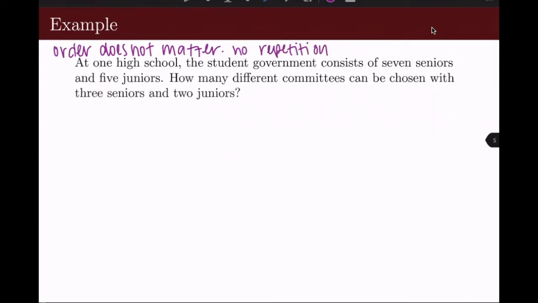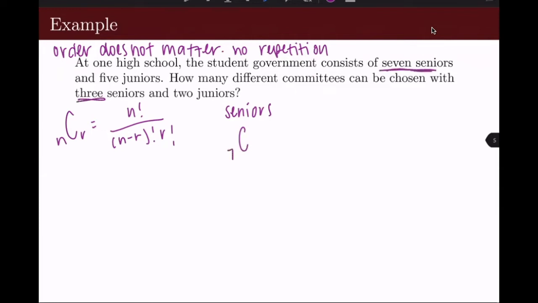So it's a combinations problem, and we will be using the combinations formula. So I'll write the formula for y'all. All right, and then first we'll do seniors. Of the seniors, there are 7 total that we're picking from, and we want to choose 3.